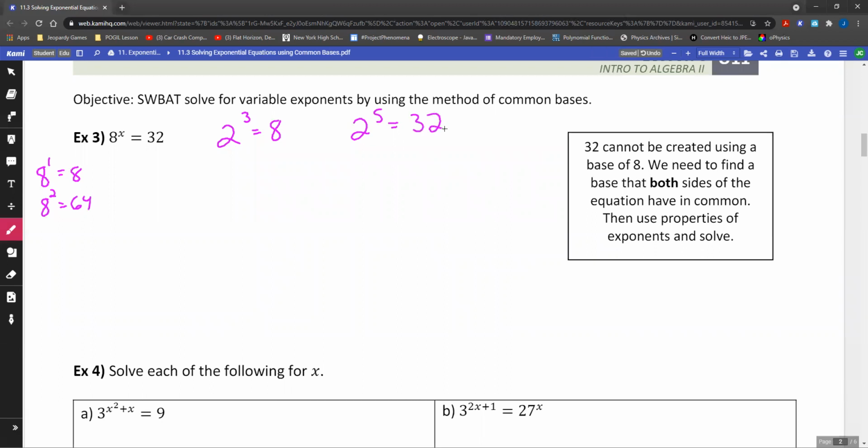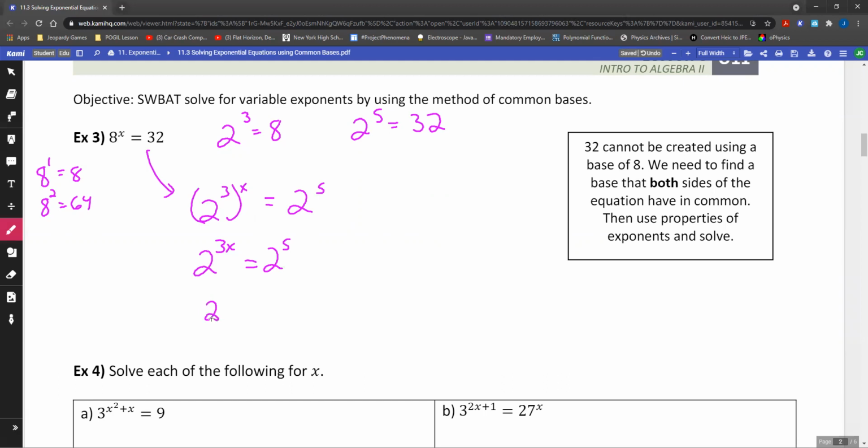So this equation can be rewritten as, instead of writing 8 to the x, I write 2 to the third, to the x. And instead of writing 32, I write 2 to the fifth. Using my power rule from before, this just becomes 2 to the 3x equals 2 to the fifth. So bases are equal.